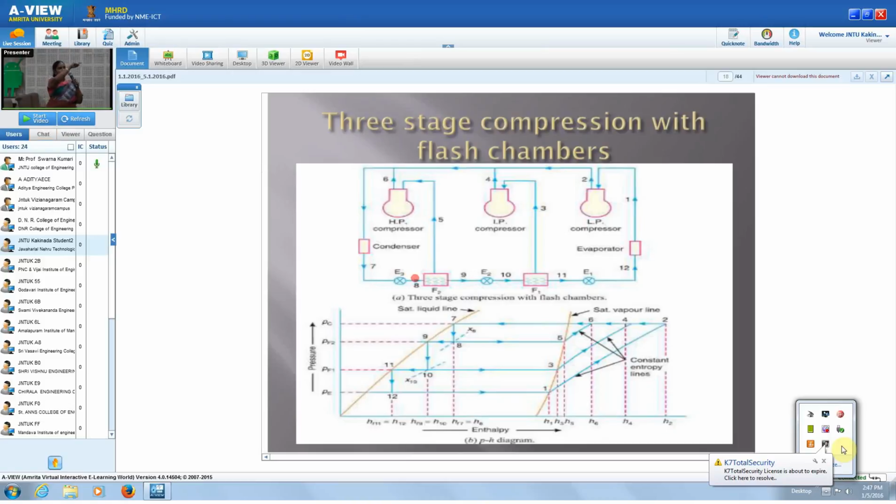Then when it goes into the flash chamber, only the liquid refrigerant goes into the evaporator, whereas the vapor is separated and goes directly into the HP compressor. So we can get more COP because the expansion process is nearer to the liquid line.